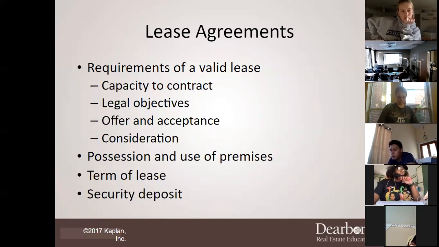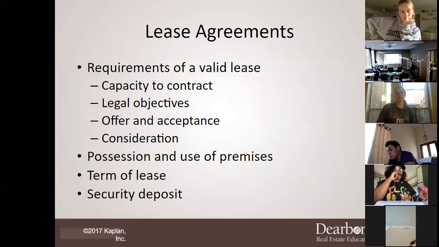Offer and acceptance: the buyer will offer, and the seller can either accept, reject, or counter. And then consideration. Remember, that could be anything. Likely going to be money for a tenant, but it could be anything. If I was going to lease something from my dad, I'd just say, hey, I'll clean your car. Can I live here for a while? It could be anything.